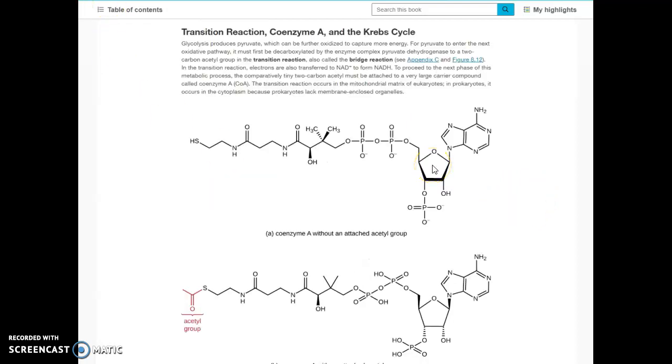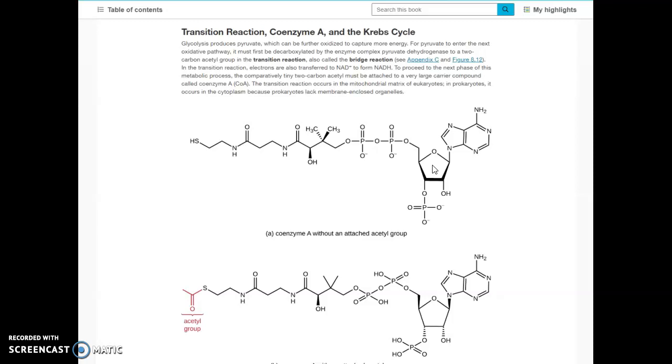Now for some cells, for some organisms, glycolysis is the end. We end up with those pyruvate molecules, and then that's the end. They take their 2 ATP and they're done. But in other cells, pyruvate can be further oxidized. So we can strip more electrons out of that pyruvate to drive other reactions.